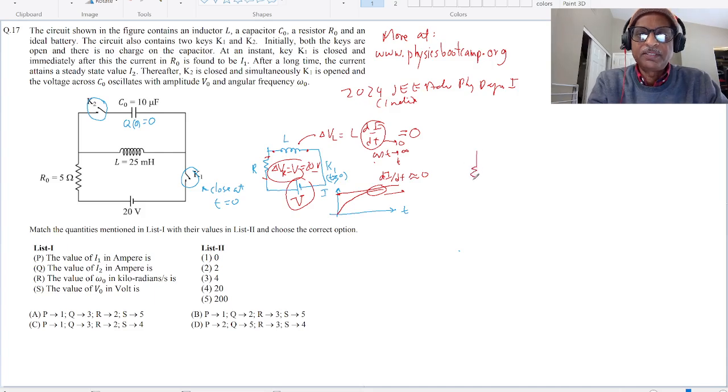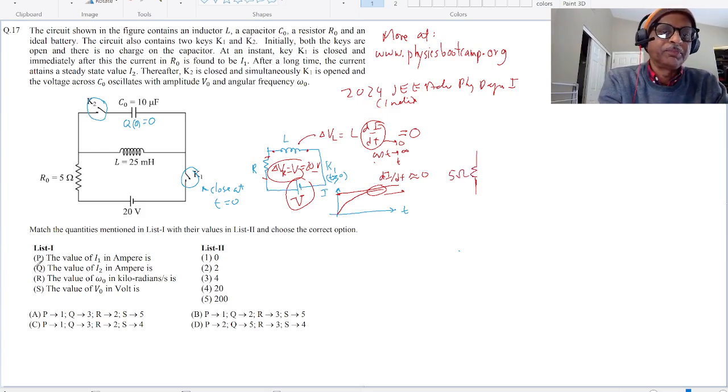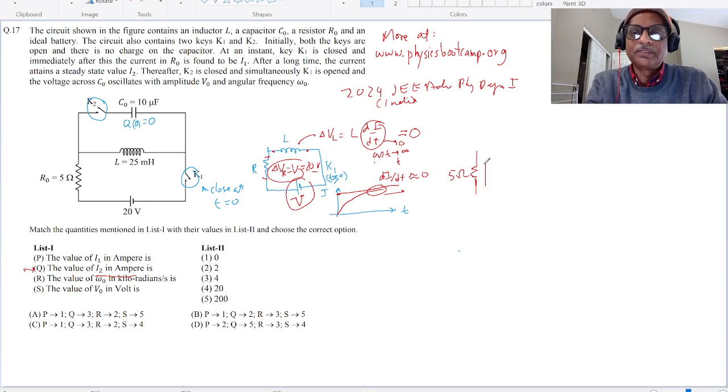I have a resistor which is 5 ohm. I'm actually doing Q now, to find the value of I2. The current I2 will flow according to this description, and the voltage drop is 20 volt.